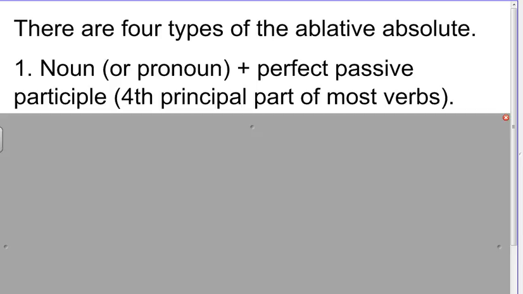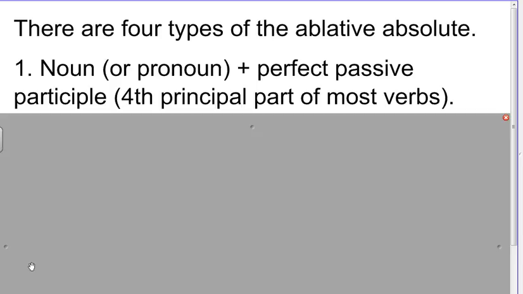The first, and by far the most common, is a combination of a noun or pronoun and the perfect passive participle, which is the fourth principal part of most verbs. Remember now, both the noun or the pronoun and the perfect passive participle will appear in the ablative case.